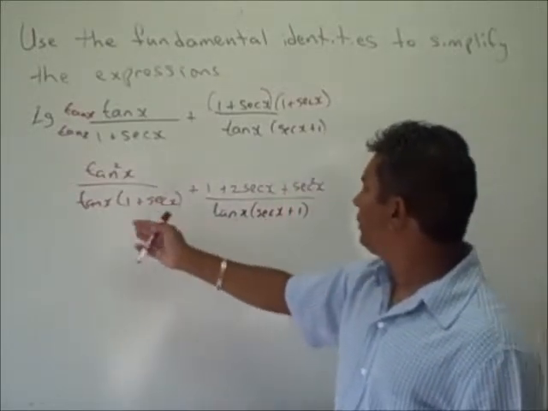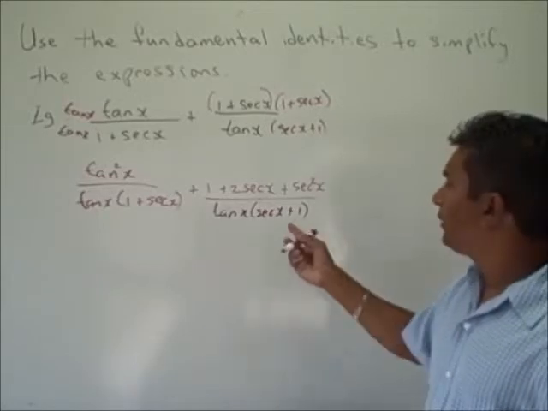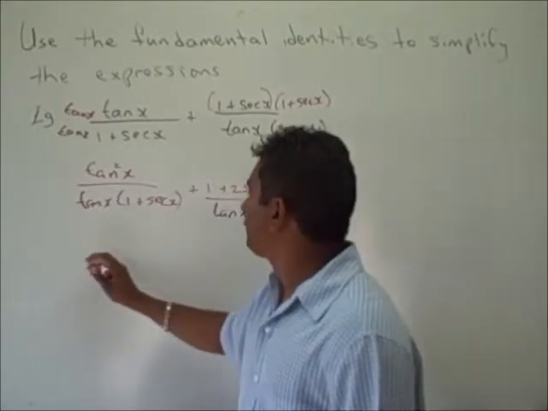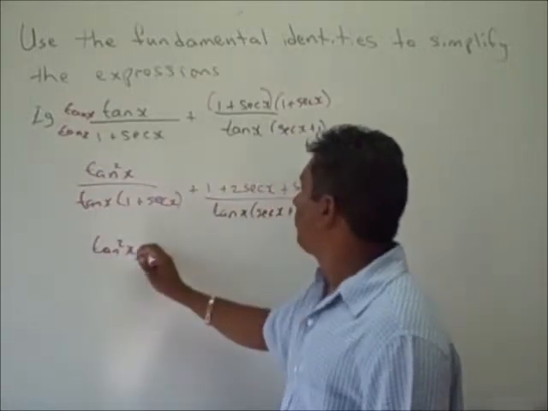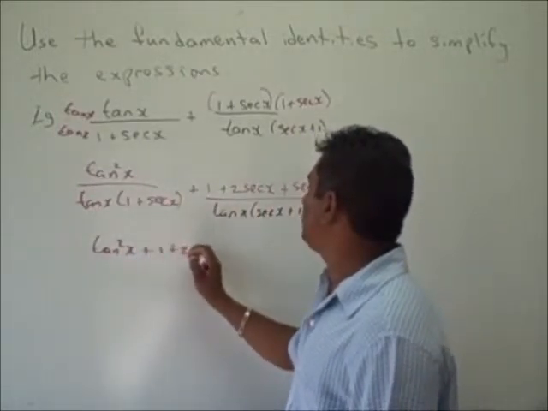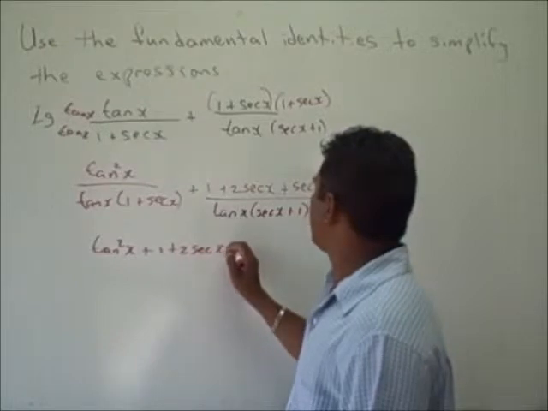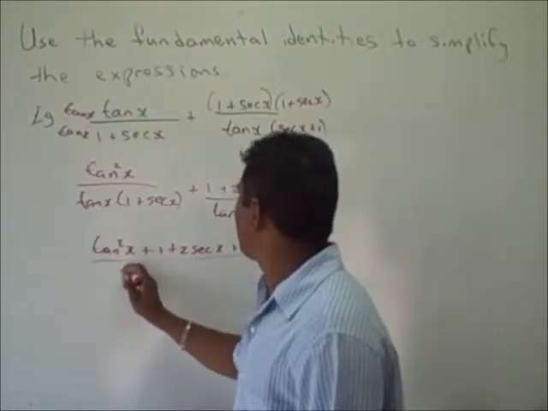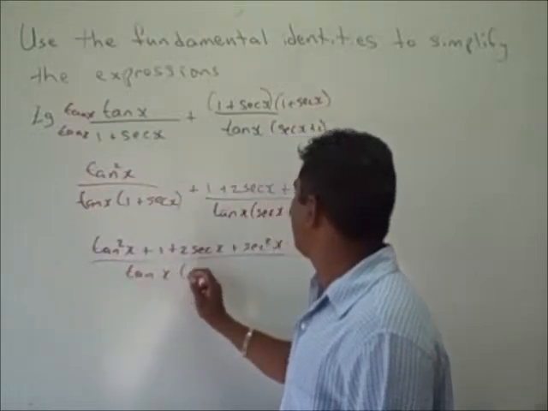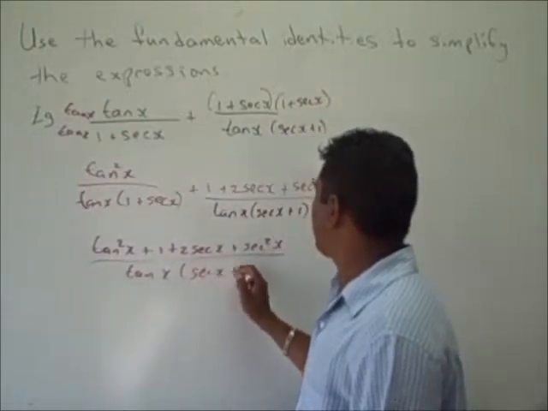Now since both our denominators are the same, we can add the numerators and keep our denominator. So this becomes tan squared x plus 1 plus 2 secant x plus secant squared x all over tan x times secant x plus 1.